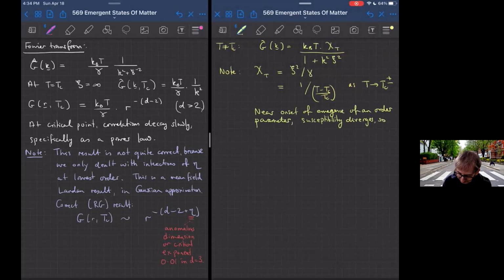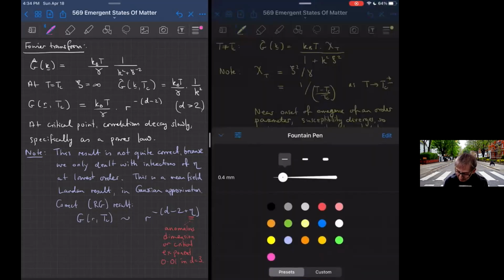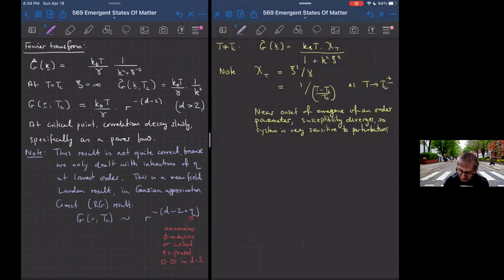So the system is very sensitive to perturbations. And this makes sense because what it means is that we're very close to the system spontaneously ordering.